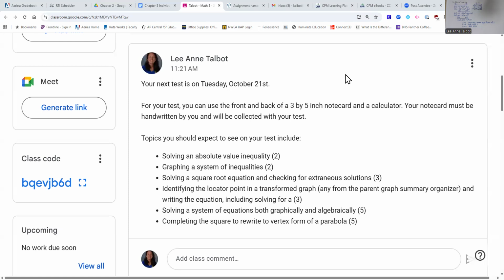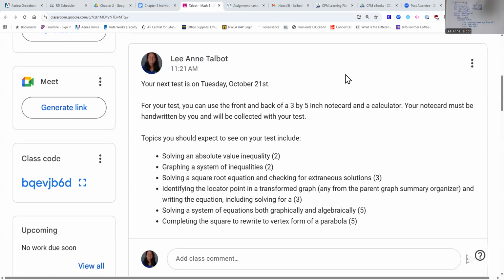Identifying the locator point in a transformed graph, any from the parent function summary organizer, and writing the equation, including solving for A. Okay, on your review notes, that was number 5, where you identify the square root one.